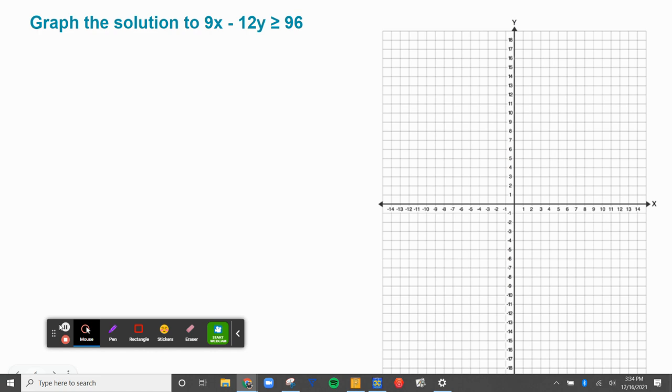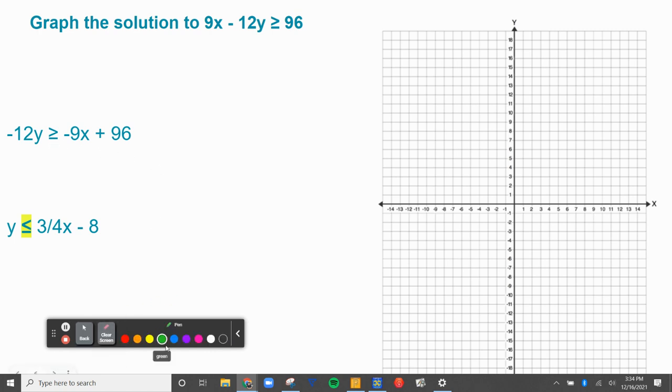Here we have a graph in standard form. 9x minus 12y is greater than or equal to 96. We have to do a few steps first, including putting it in slope-intercept form. That's just going to make it easy for us as we go along. The first thing we should do is subtract 9x from both sides. Once we've done that, it should look like negative 12y is greater than or equal to negative 9x plus 96.